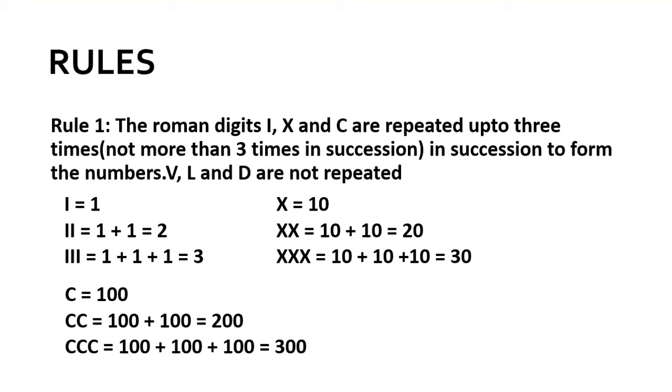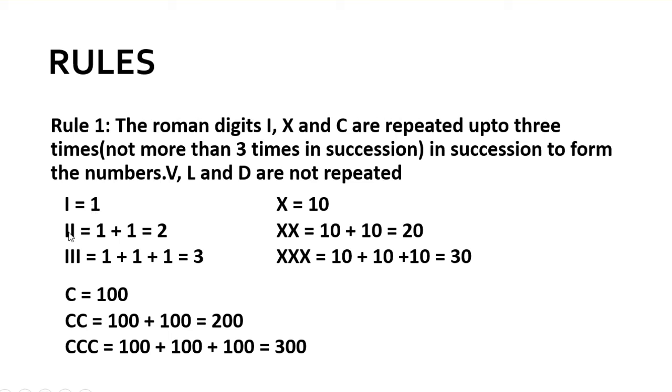Rule number 1. We can repeat the symbols. I is for 1, X is for 10 and C for 100. These can be repeated, but they cannot be repeated more than 3 times in succession. That is, in these cases you can see these symbols are repeated. This is I and it stands for 1.